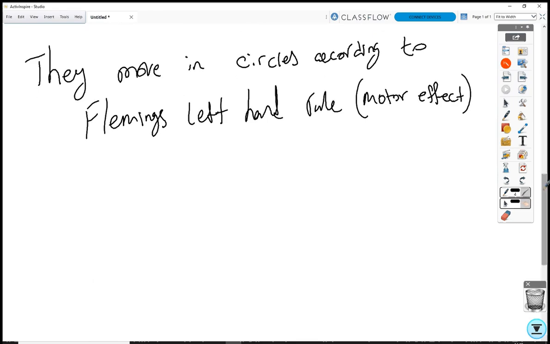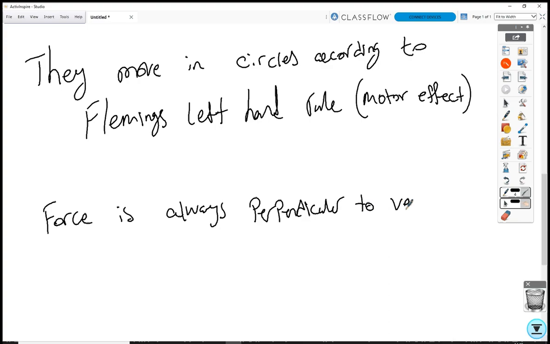And we can tell that they're going to move in circles because force is always perpendicular to the velocity of the electrons. And if it's always perpendicular to the velocity of electrons, it means it's a centripetal force, so therefore circular motion.